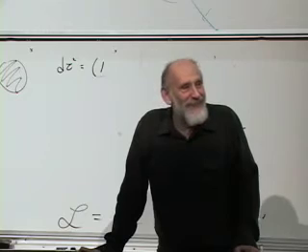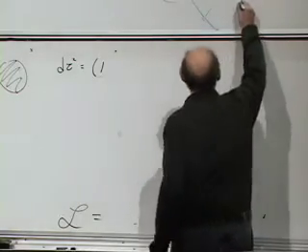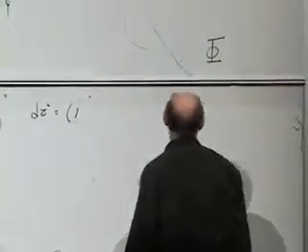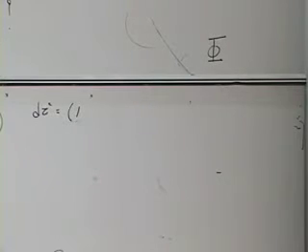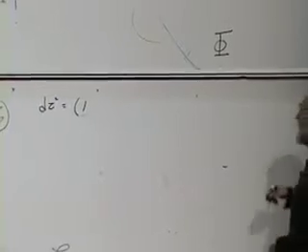Because it's like an angle. It's not like an angle. Gravitational potential is capital phi. And what's the solution of Newton's equations for a point mass?